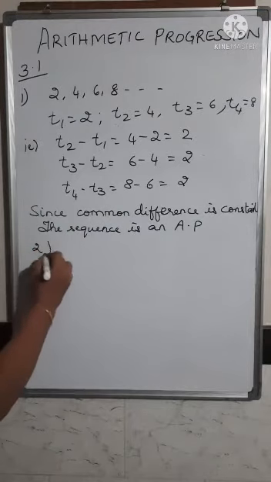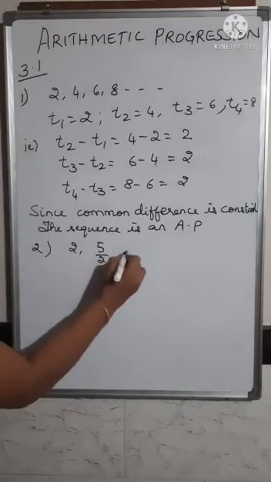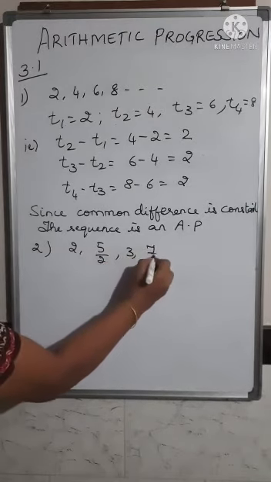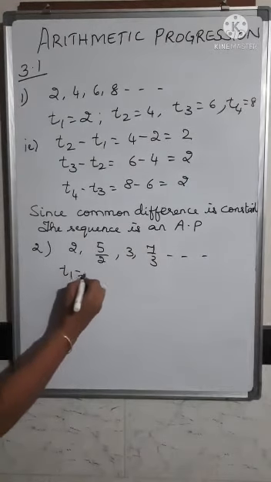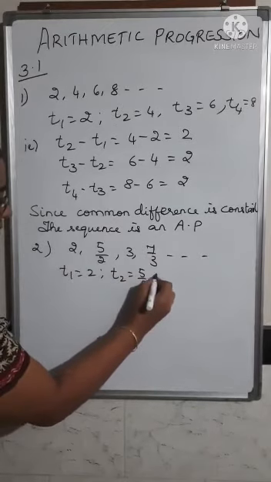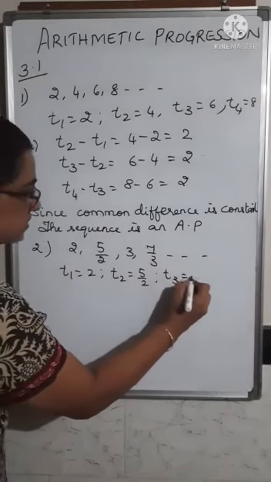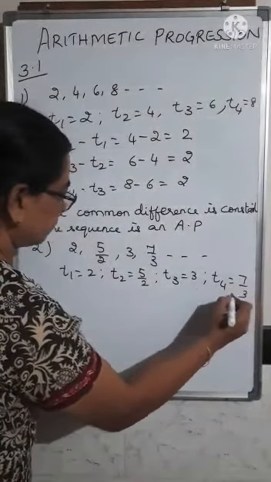The second problem, you have 2, 5 upon 2, 3, 7 upon 3. So here T1 is 2, T2 is 5 upon 2, T3 is 3, T4 is 7 upon 3.